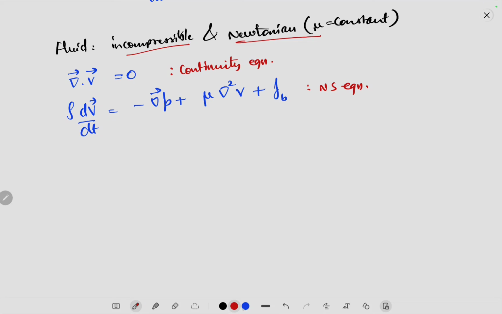Let me also explicitly write the meaning of these terms.